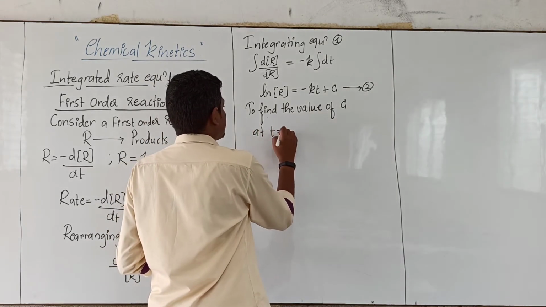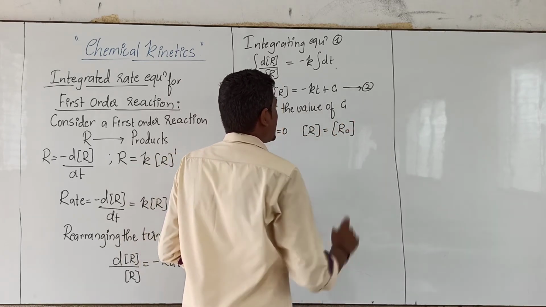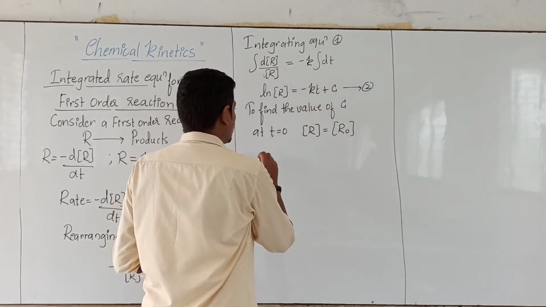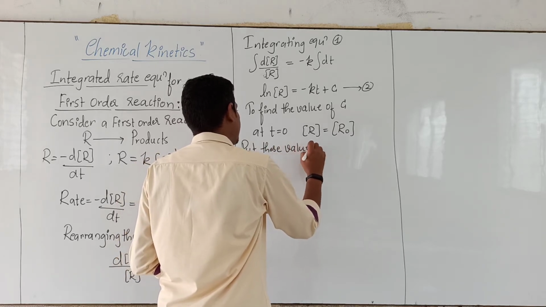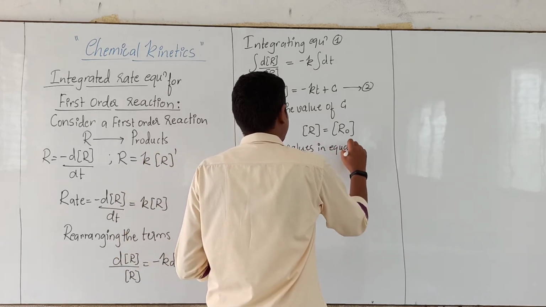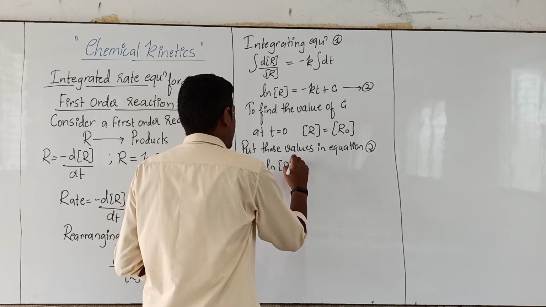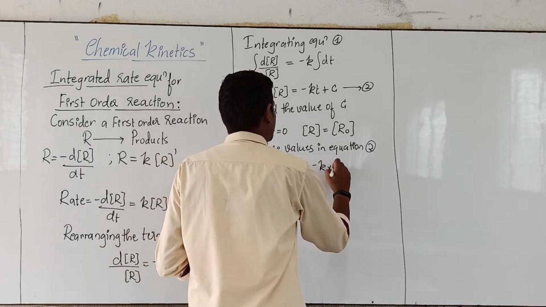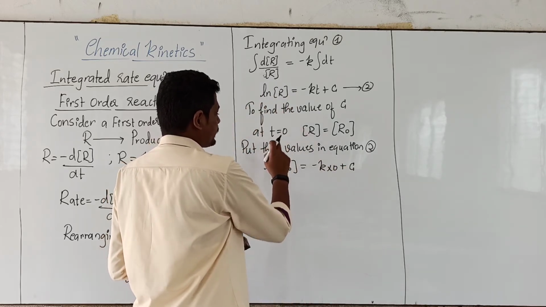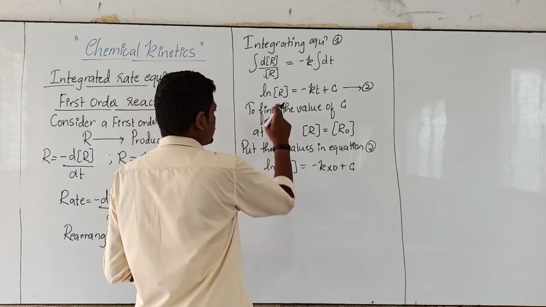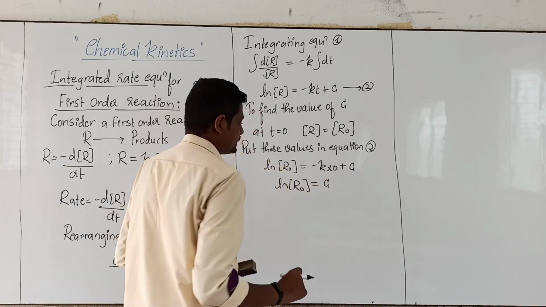At time equal to 0, the concentration of R will be the initial concentration, which I will write as R naught. Put these values in equation 2. We get ln of R naught is equal to minus k into 0 plus C. Why 0? Because the time we have taken as 0, then R is equal to R naught. Therefore ln of R naught is equal to C.